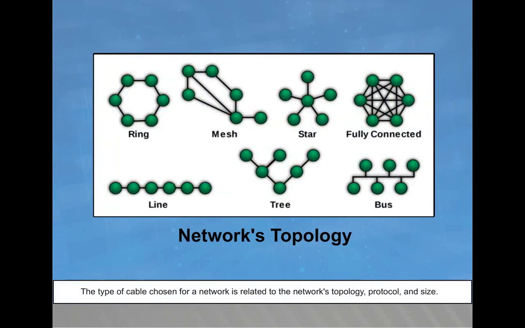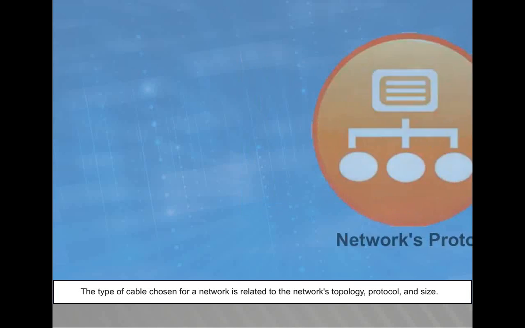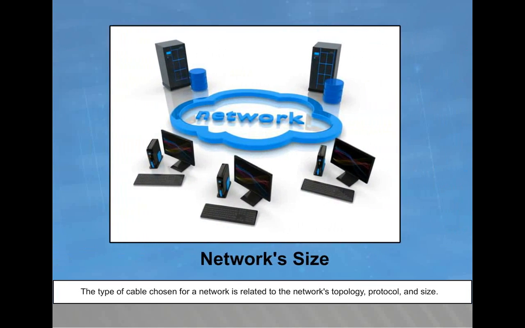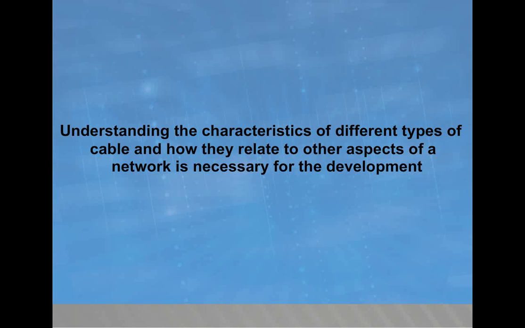The type of cable chosen for a network is related to the network's topology, protocol, and size. Understanding the characteristics of different types of cable and how they relate to other aspects of a network is necessary for the development of a successful network.